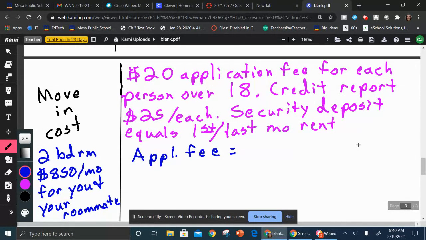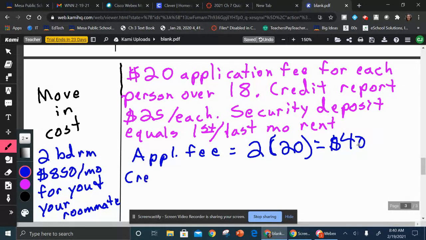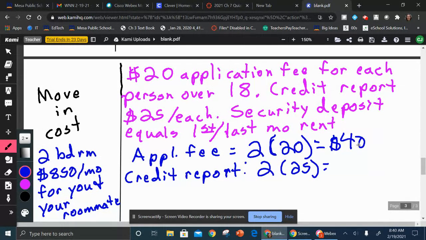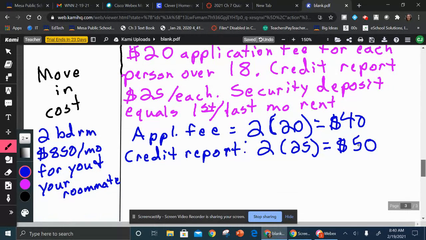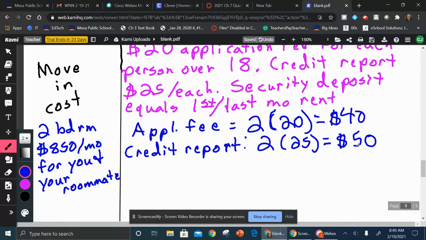The application fee is 2 times 20, so we have $40. The credit report is 2 times 25, which is 50. Again, everybody, you're seeing how that FICO score, remember we talked about your credit score, comes into play here too.